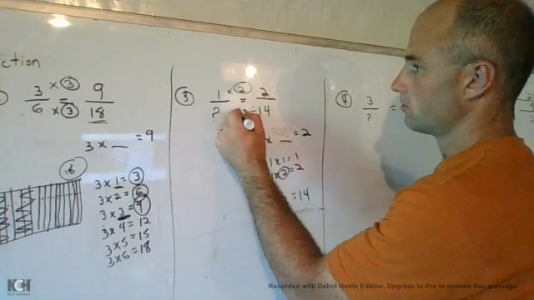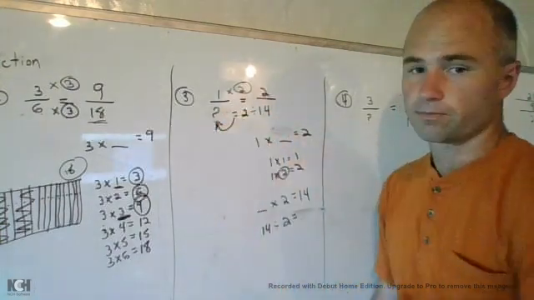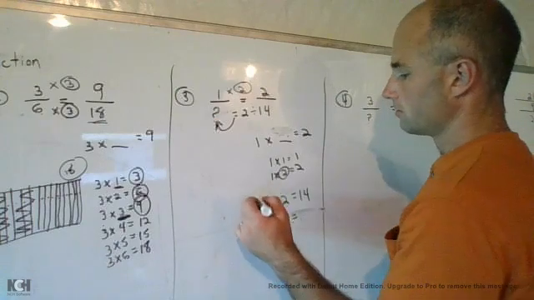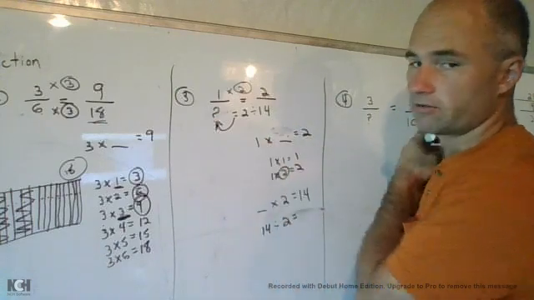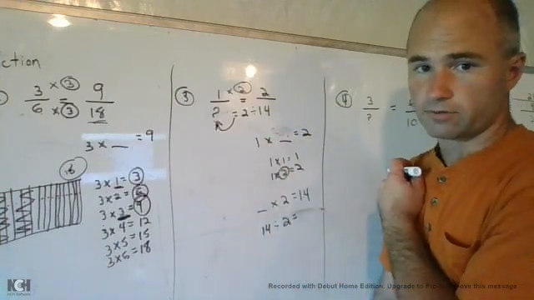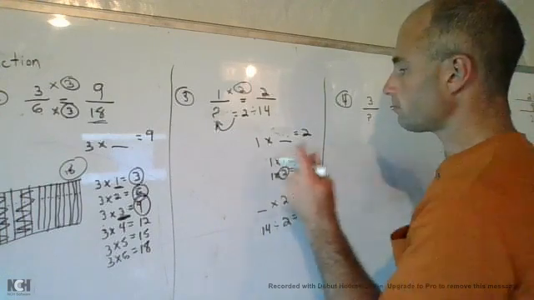14 divided by 2 to give you your missing number. When you do that, you get 7. 14 divided by 2 equals 7. How did I know that?